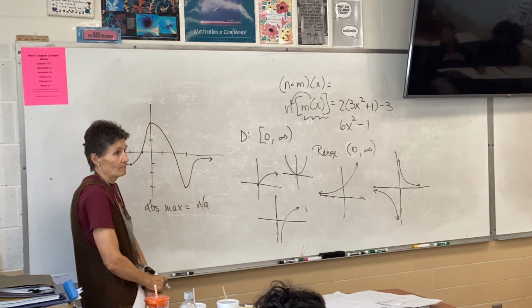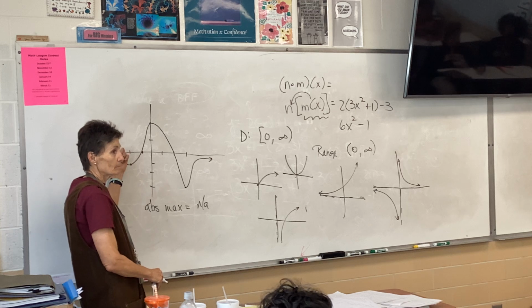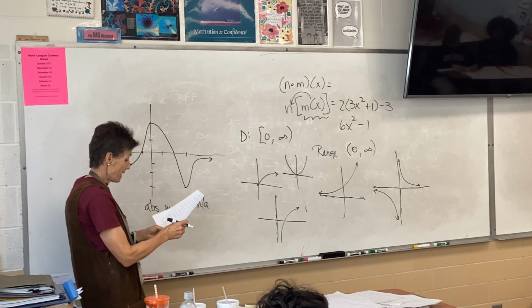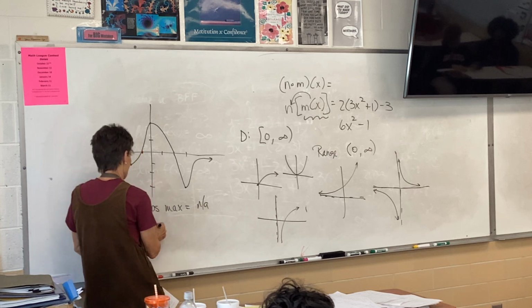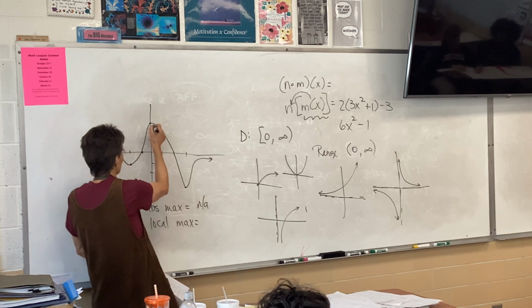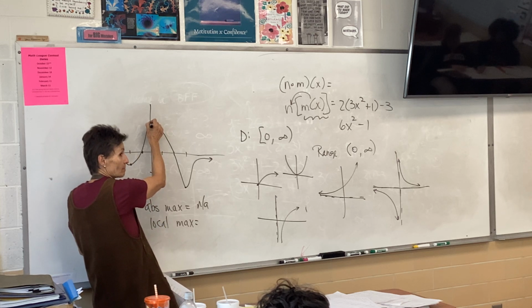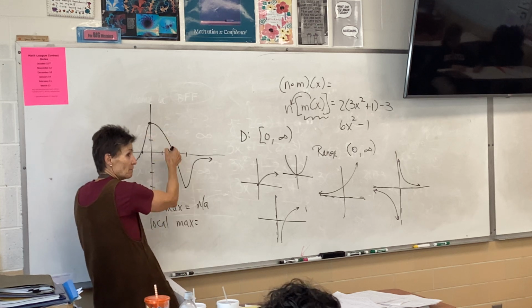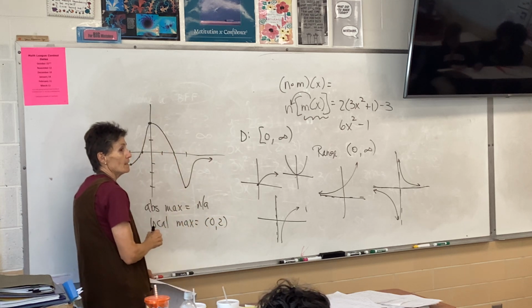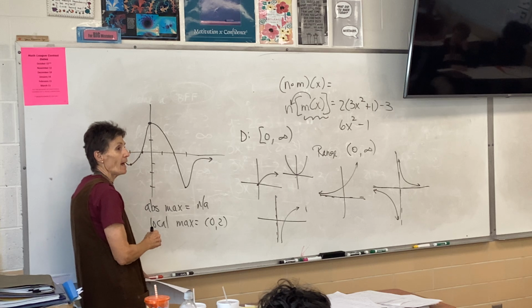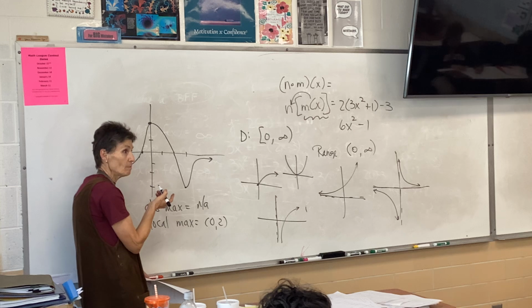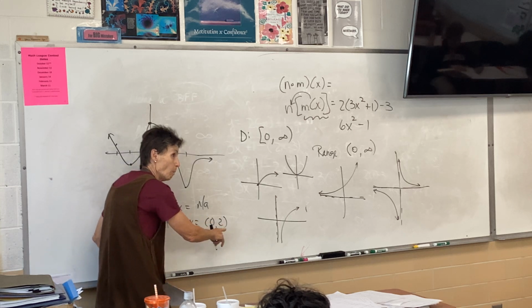Why? Keep going. Arrow, right? Name a local max. A local max would be right here. 0, 2. The highest point is the top of the hill, so 0, 2. Now, sometimes they will ask for the x-coordinate, so that would be 0. Here we gave the whole point.